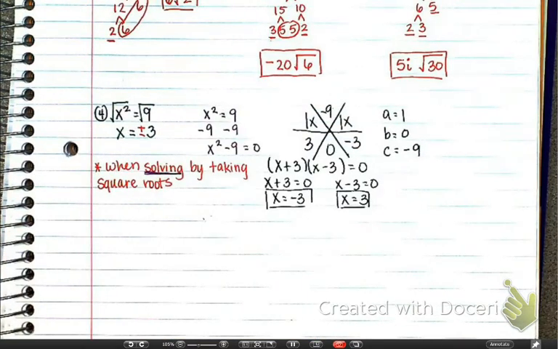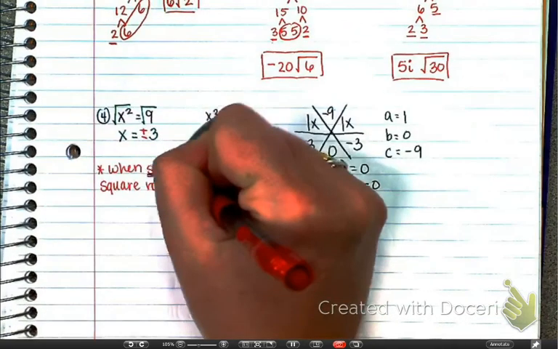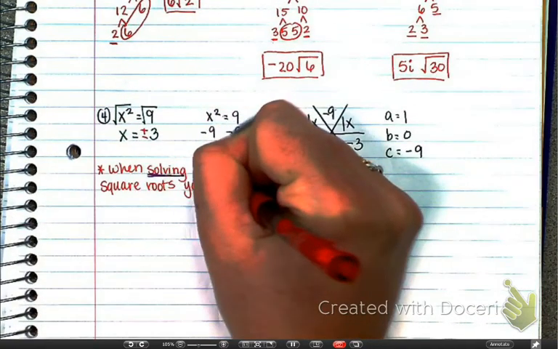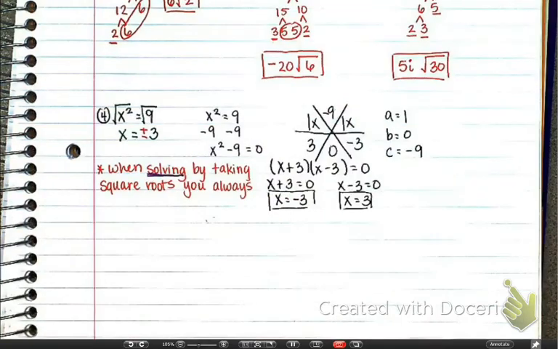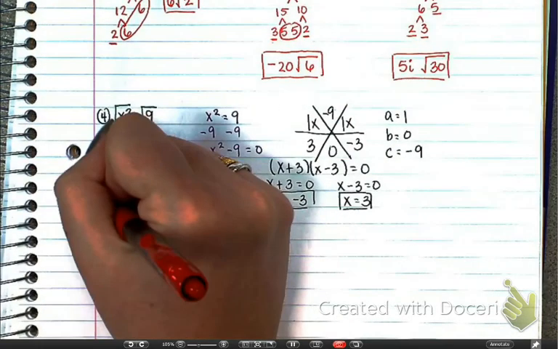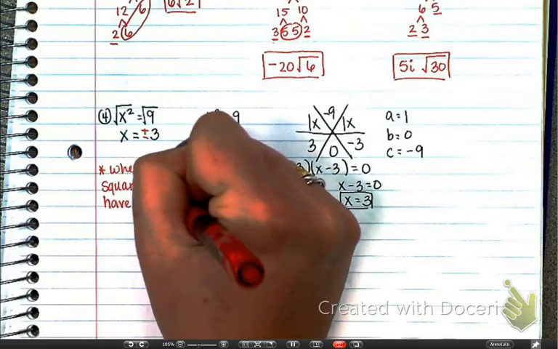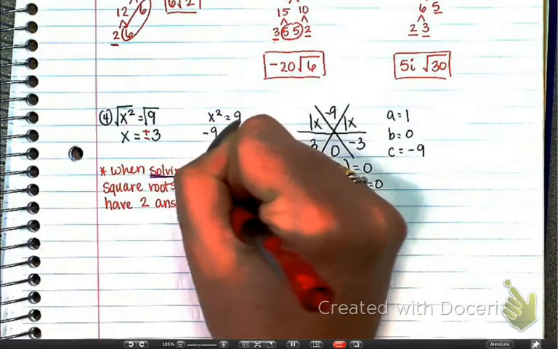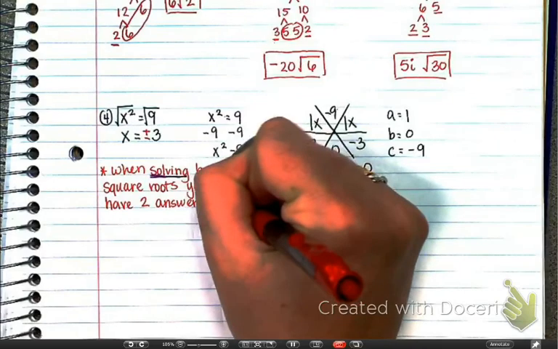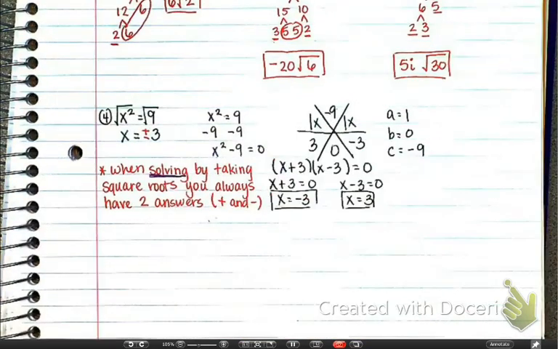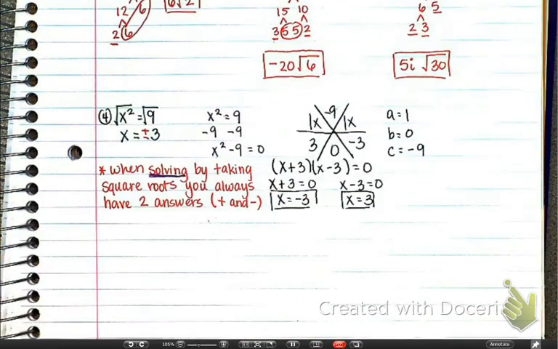When solving by taking square roots, you always have 2 answers, a positive and a negative.